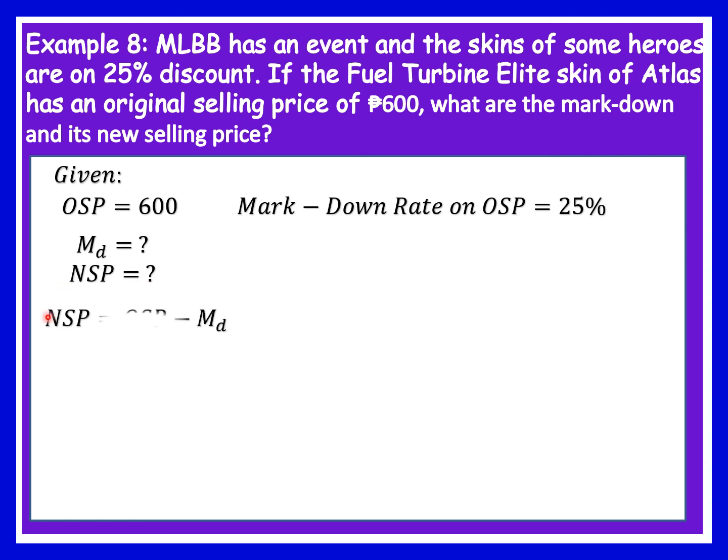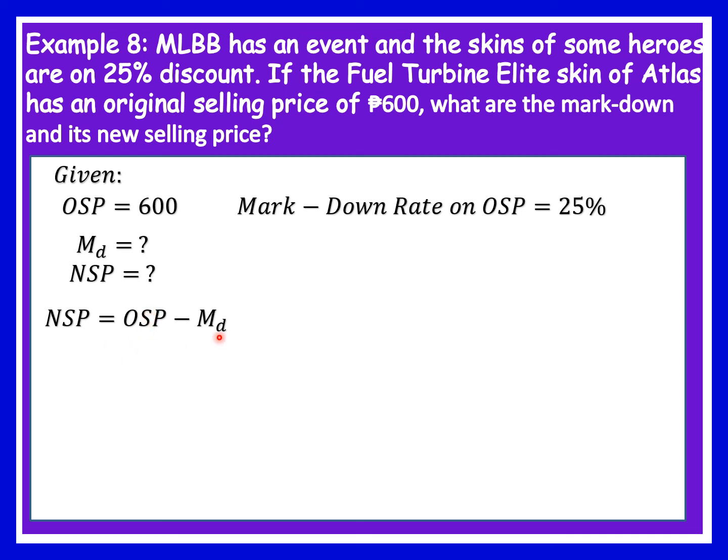So, to do that, we're going to use the formula to find the new selling price. We will subtract the markdown from the original selling price. Or, para makuha yung bagong price ng skin na yon, yung original niyang price na 600, i-minus natin ng 25% on original selling price.